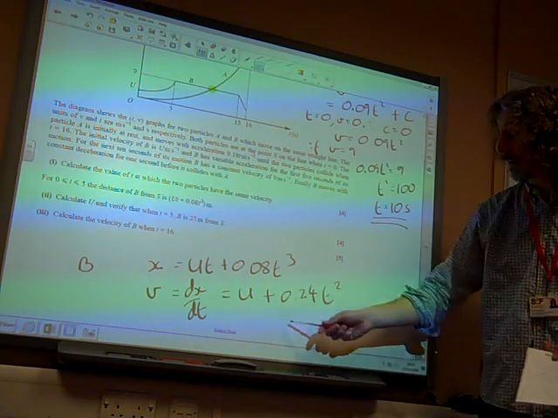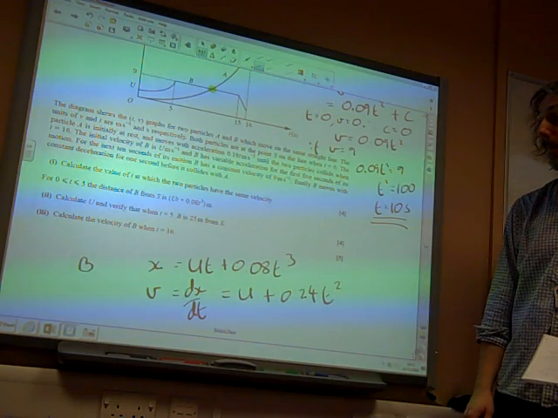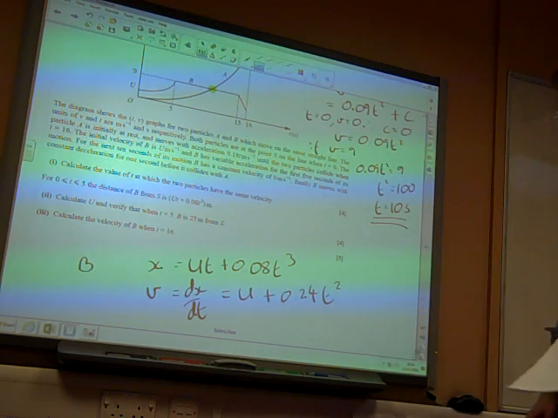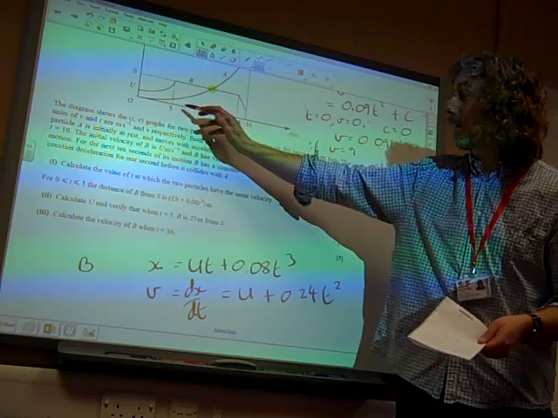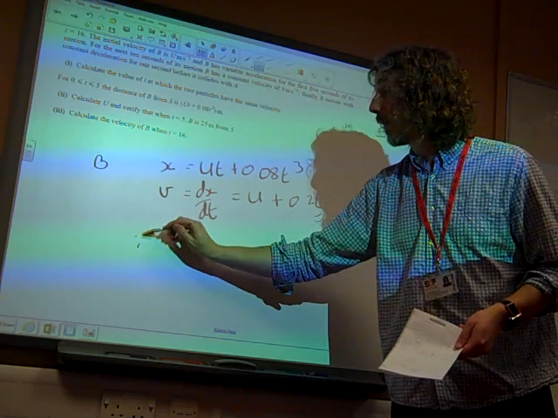So we've now got our velocity equation for particle B, and what else do we have to go on with this? We know that when t is equal to 5, the velocity is 9.